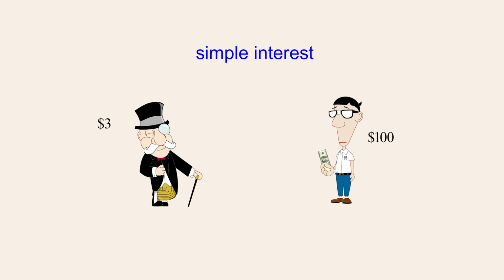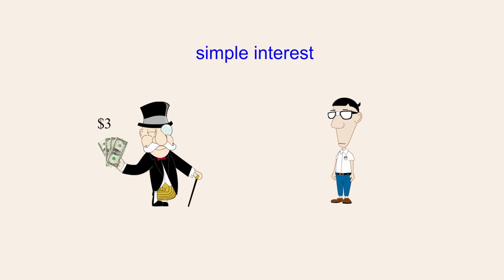If after 3 months you decide to pay back the $100 loan, you will have paid only 3% simple interest for a 3-month loan rather than 12% annual interest.